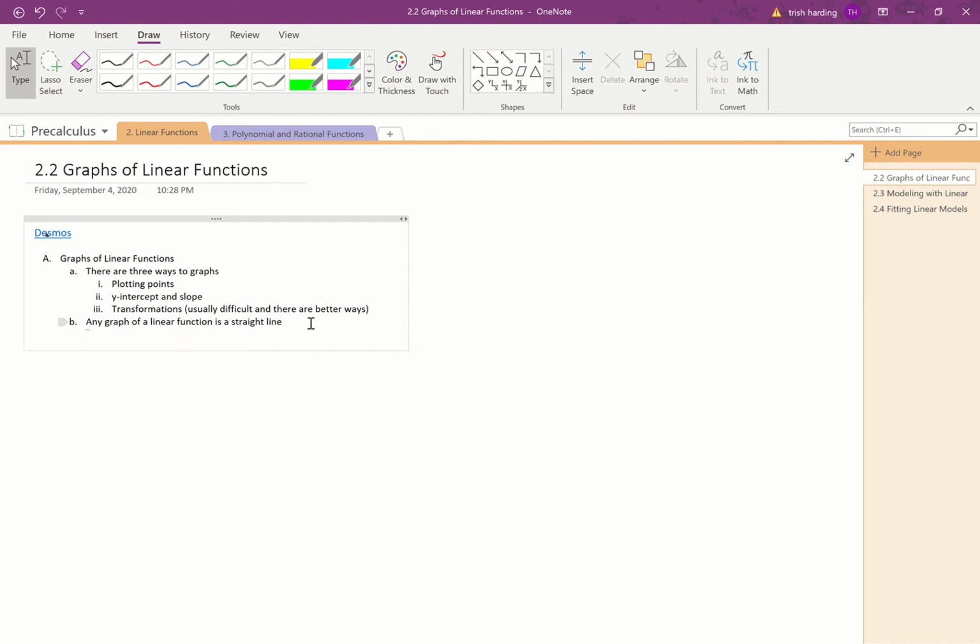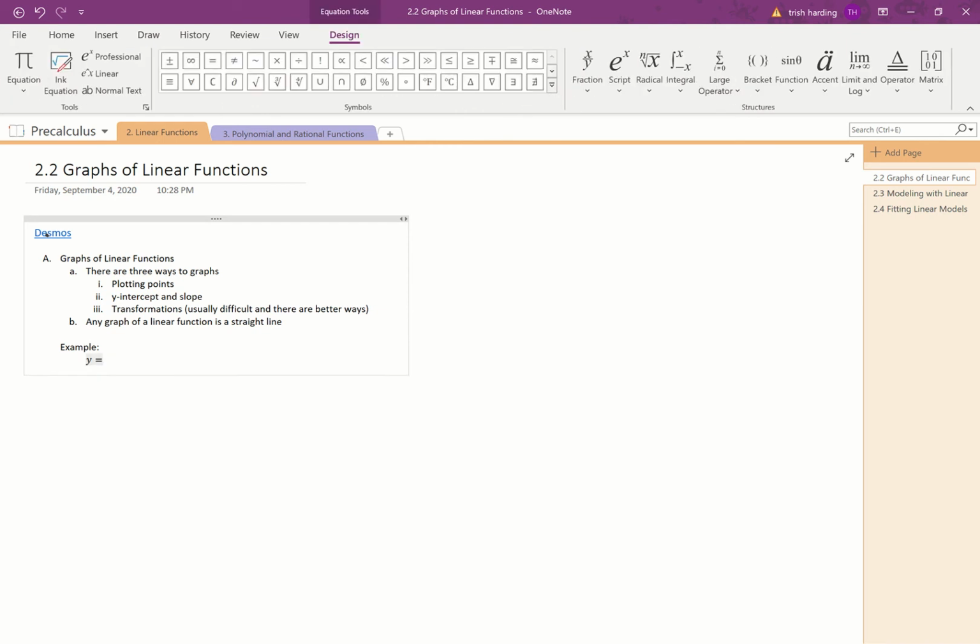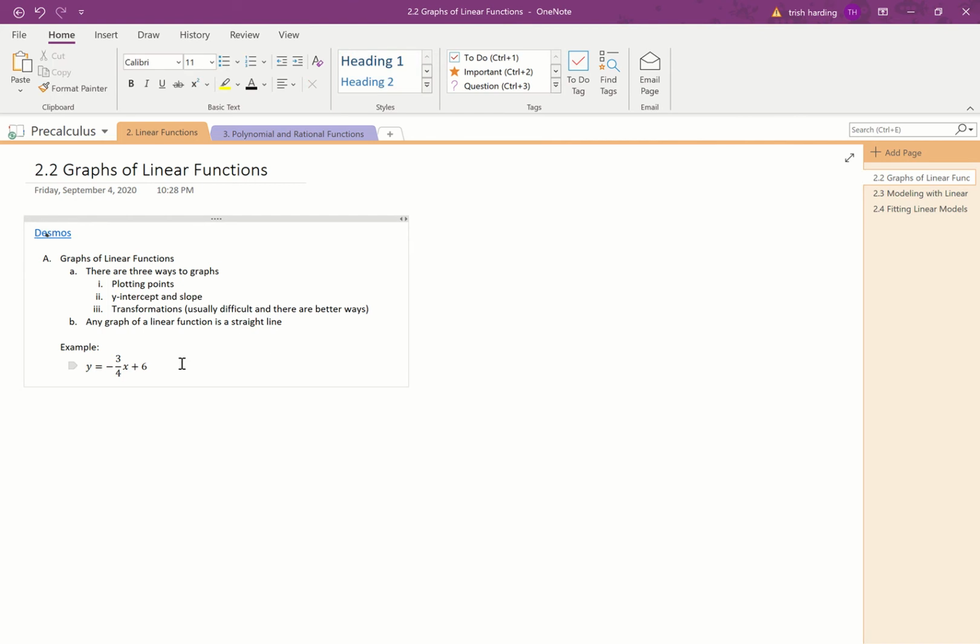We'll do an example. Let's say we have y equals, let me think of a good one, negative 3 divided by 4x plus 6. So we're going to be looking at several ways to do this.